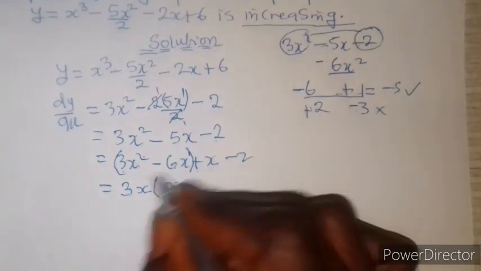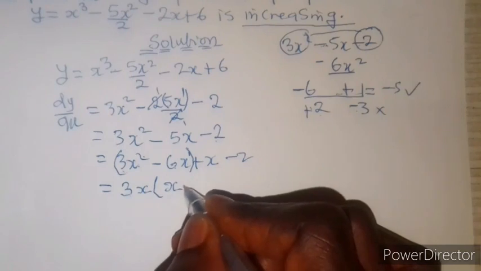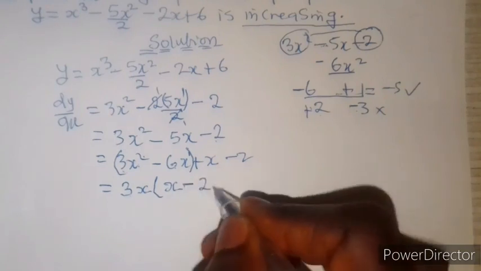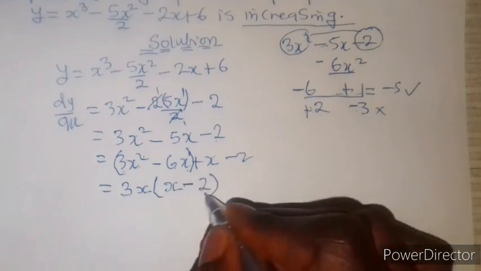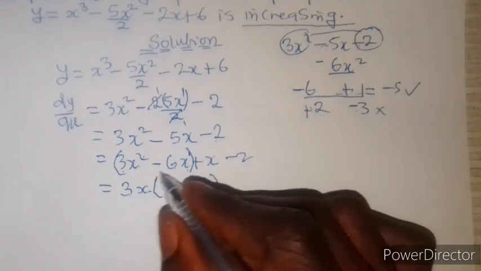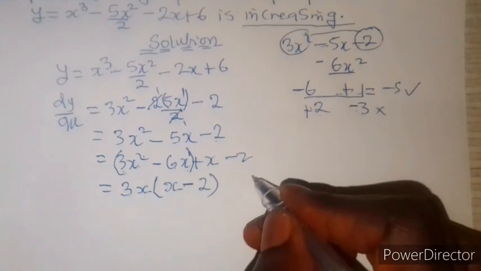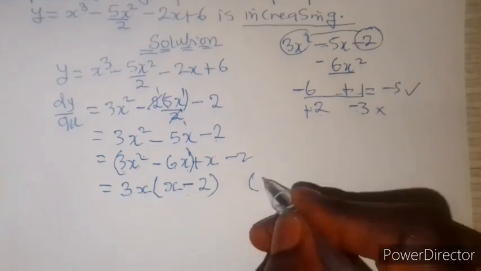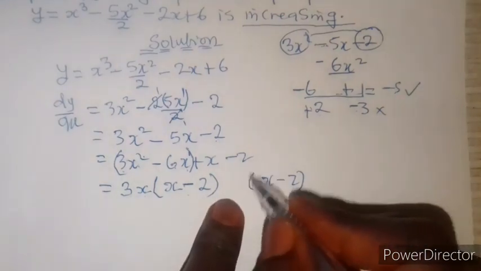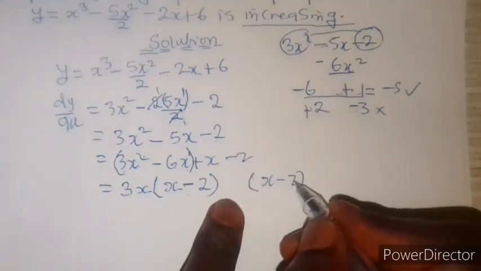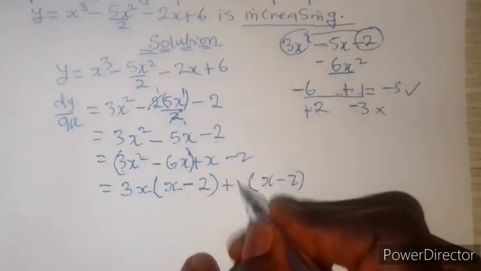Then 6 divided by 3 gives us 2. We put our minus 2 here. Then x cancels x. If we multiply these values, we get what we have in this bracket. Now we transfer this same value here, x minus 2. Then if we divide minus 2 by minus 2, that gives us plus 1.